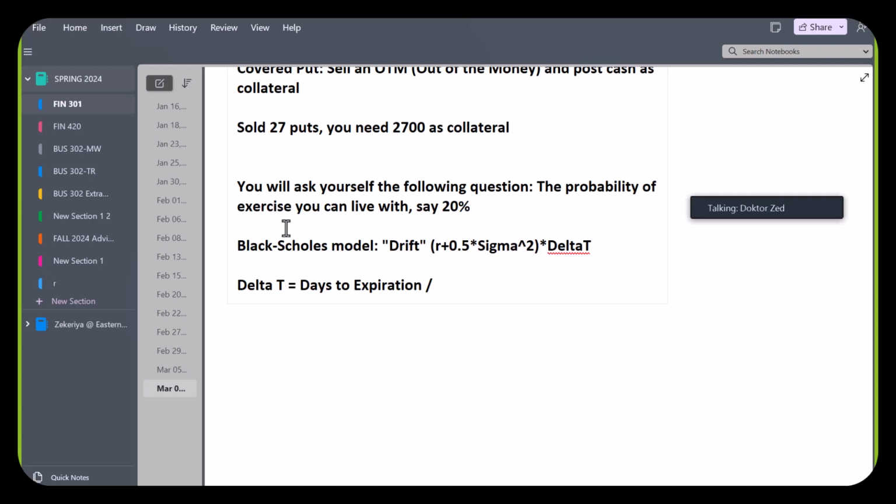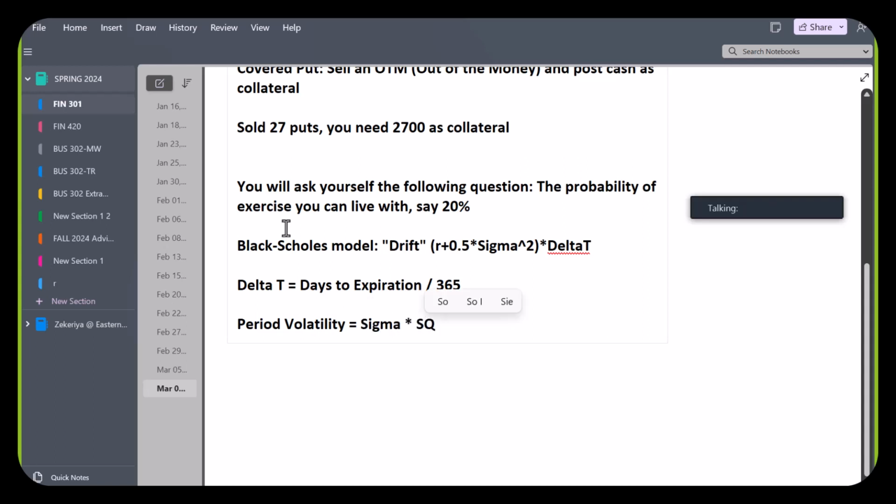Actually, no, 365. That's how we calculate it. And period volatility equals sigma times the square root of delta t. So if days equals 8, delta t is going to be 8 over 365.